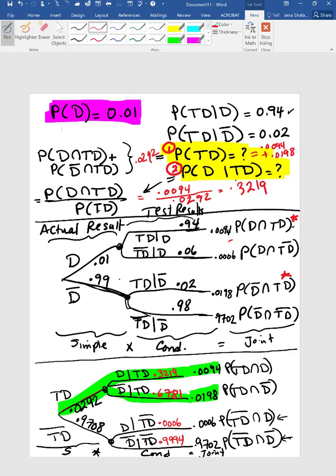So I hope this helps you relate simple, conditional, and joint probabilities together and be able to use Bayes' theorem formula using a tree diagram approach so that you can see where all the numbers are coming from. Okay, thank you.